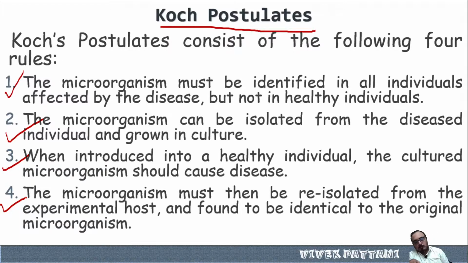Once we have introduced the pathogen into a healthy individual, the same microorganism should be present in the host and must be isolated again, and it should be identical to the original microorganism which we had cultured.